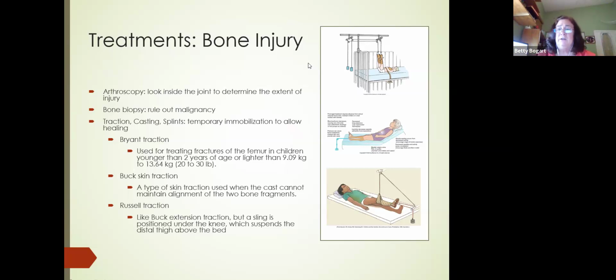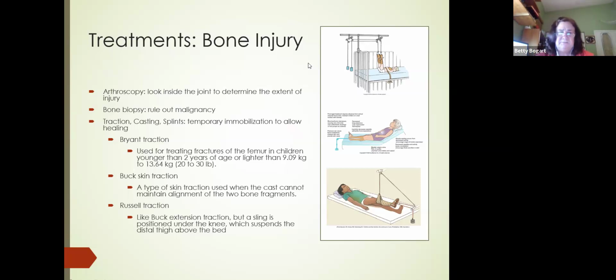Now, Buck's traction is where they put a boot on the foot and calf of the child, and it again pulls the femur straight and goes up to a pulley and a weight. It's continuous traction that keeps that femur straight until they can do surgery. Because if they let it go, those femur bones will come apart, and they're sharp, and they'll get into the muscles and nerves and create severe muscle pain.